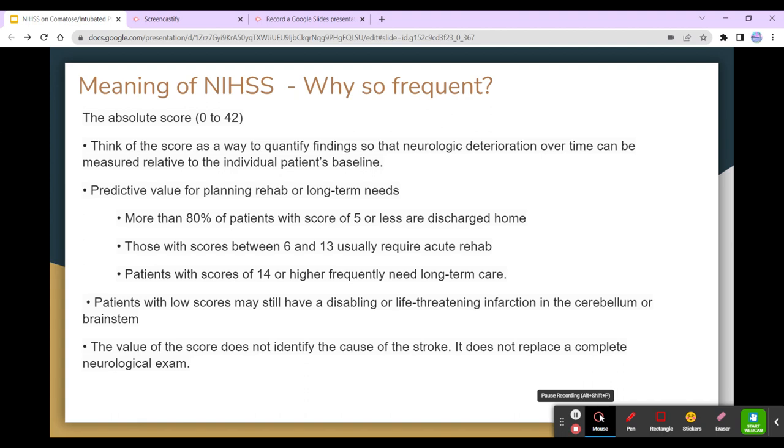The value of the score also will not identify the cause of the stroke or the place of the stroke, and that we will leave to the complete neuro exam and imaging and everything else that we do.